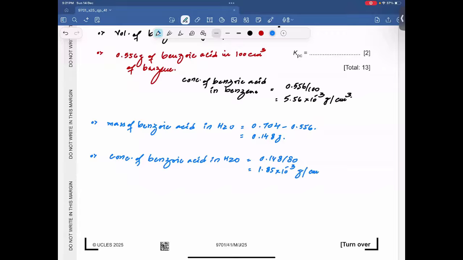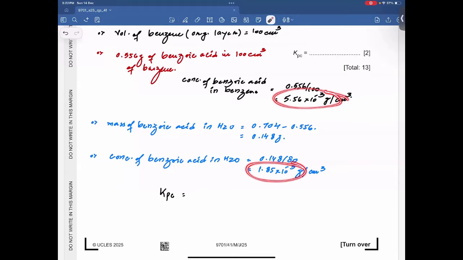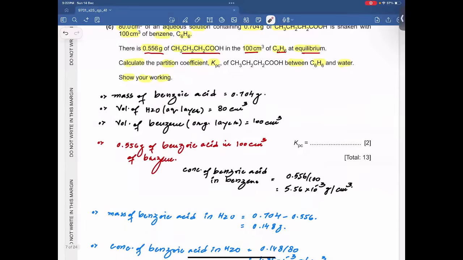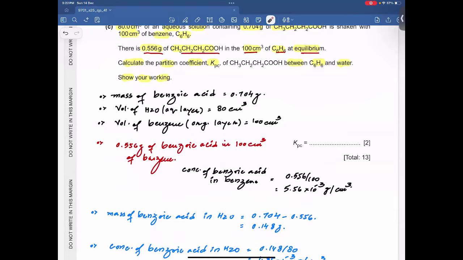All right. So I've got the concentration of benzoic acid both in organic and aqueous layer. Let me find out the value of KPC, which was the examiner requirement. Now we need to take this value in the numerator and this value in the denominator, because the examiner was asking for partition coefficient between benzene and water.